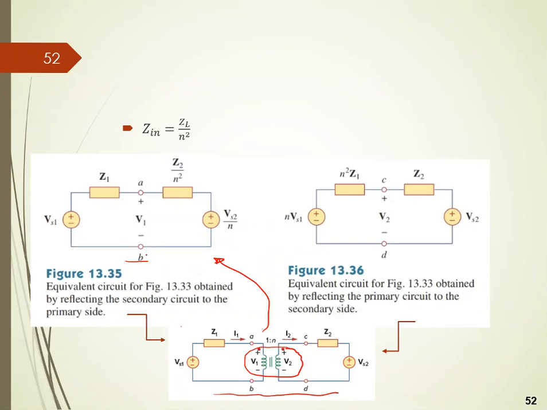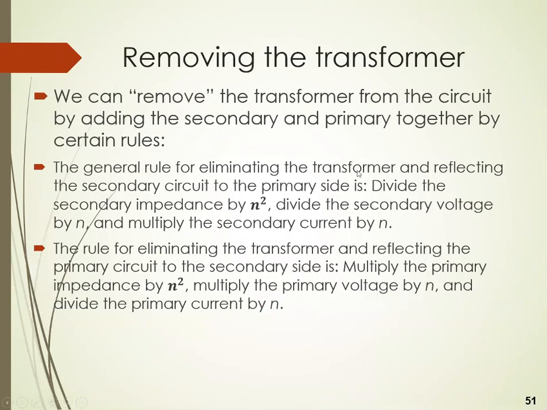So what we do is, remember, as the previous statement says, we divide the impedance by the square of the turns ratio, right? So this will be this first case here. We divide the secondary impedance by the square of the turns ratio, divide the secondary voltage by N, and multiply the secondary current by N, if there's any in here, right?